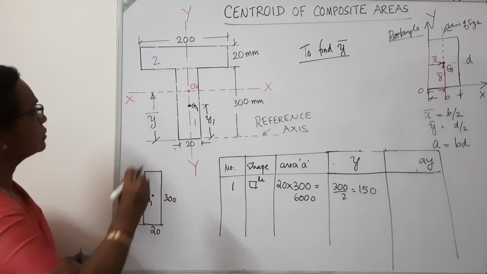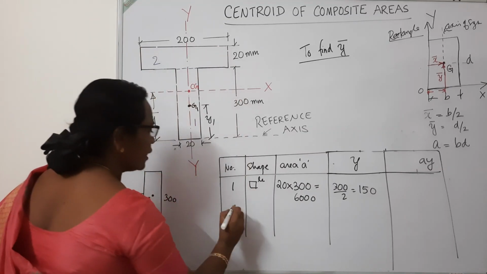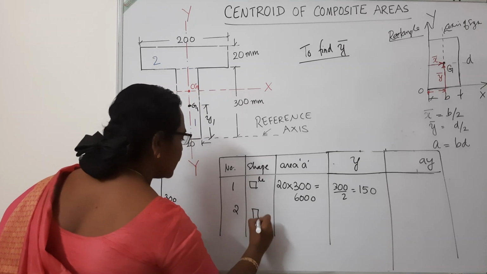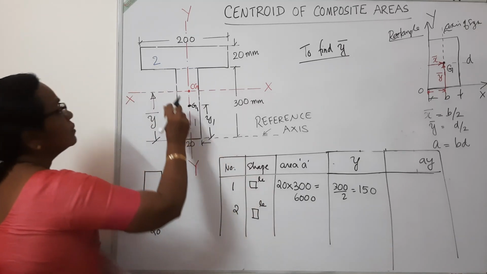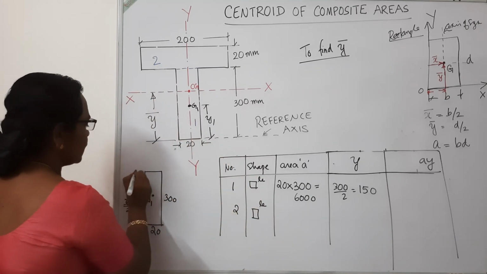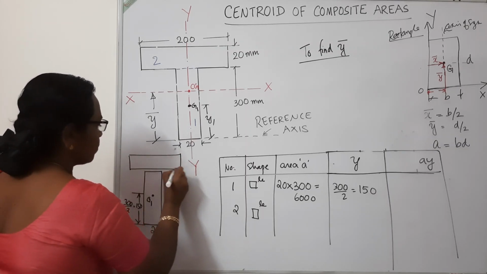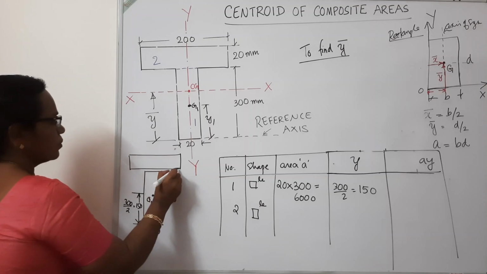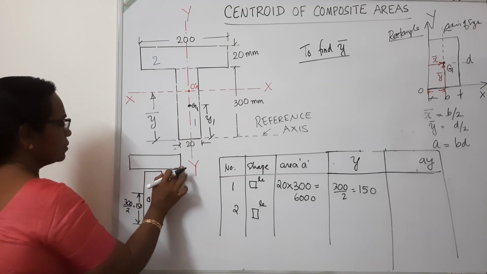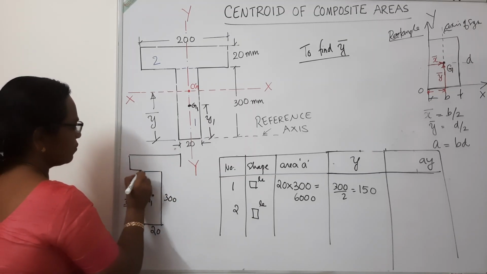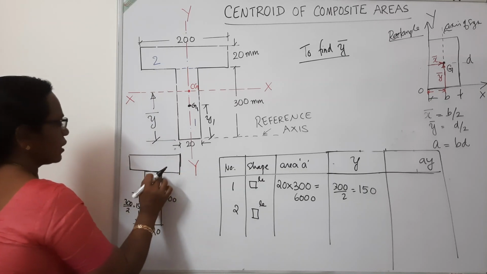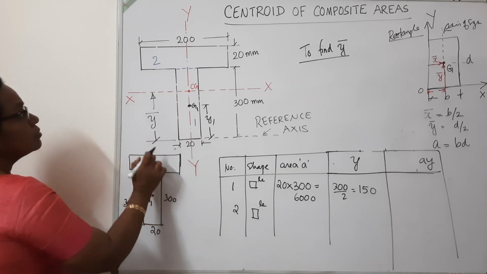Okay. Next consider the second area. The second area is also a rectangle. I will draw it here, that second rectangle just above this. This is the common line, and when you are drawing it slightly separate, or make it here itself. This is the second rectangle. What about dimension?